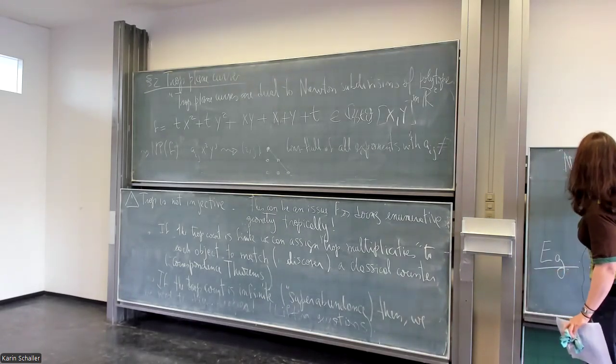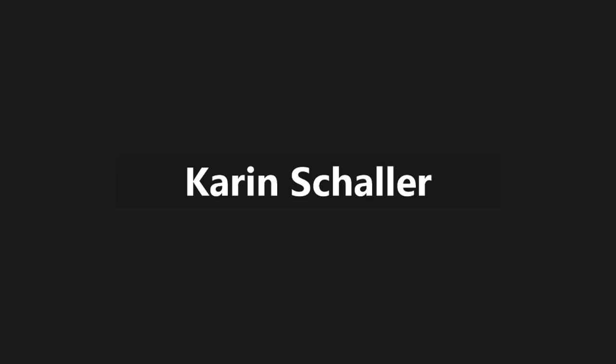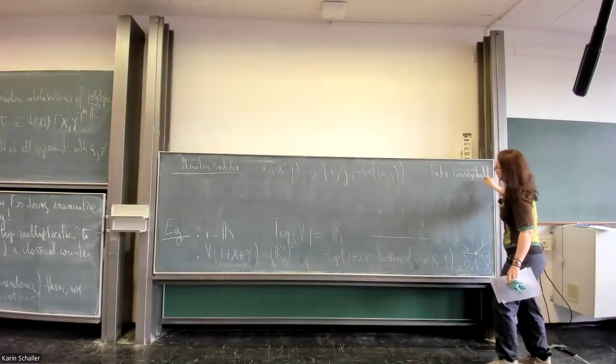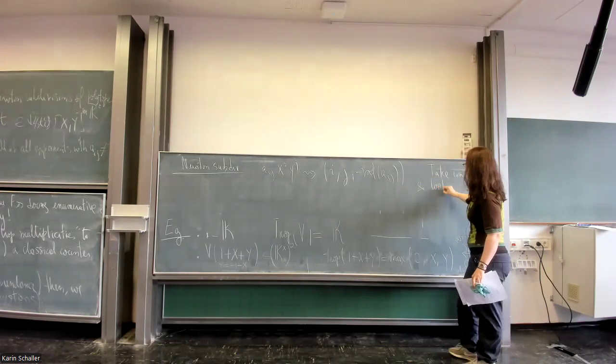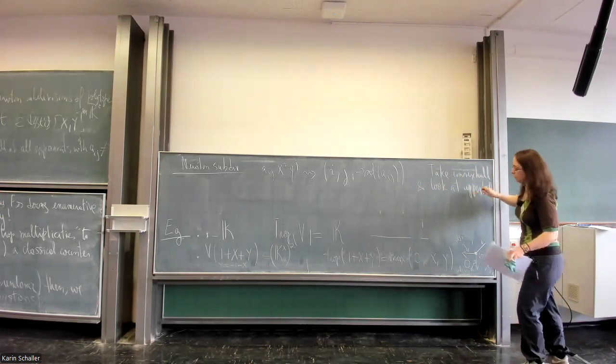For the Newton subdivision, I take the monomial a_ij x^i y^j and record the exponent and then the negative of the valuation of a_ij. I'm going to take the convex hull of these points and look at the upper hull, so what I see from above.